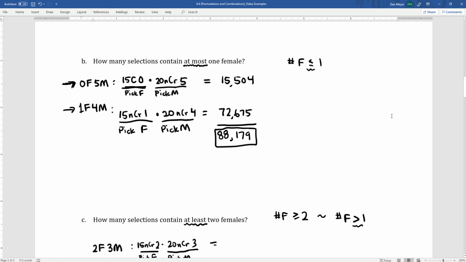If we call the at most 1 female event E, then this event here, the at least 2 females, is E complement. We could also think of at least 2 as being the same as more than 1 female.